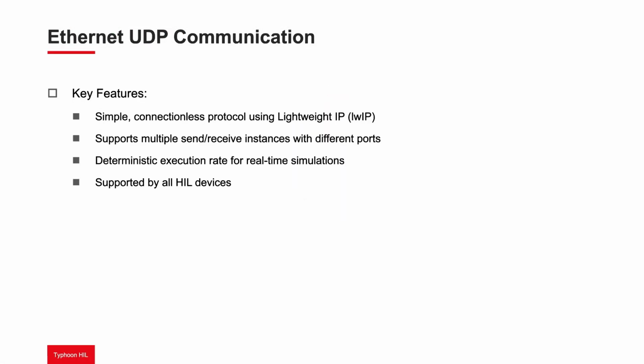Applications that don't require reliable data streams typically use the User Datagram Protocol, UDP for short, a connectionless protocol that prioritizes speed over reliability. UDP sends messages without establishing a connection and doesn't track what it has sent.